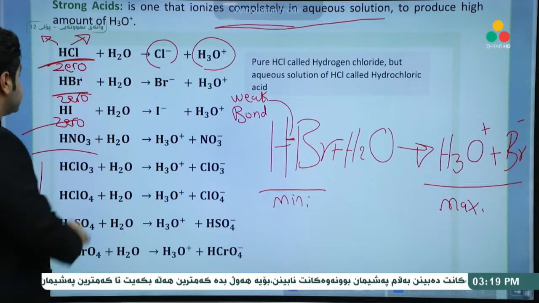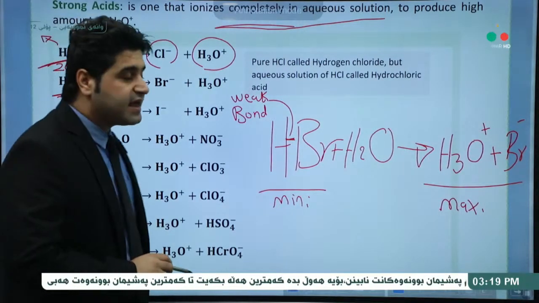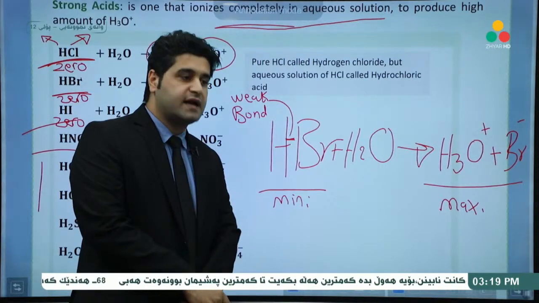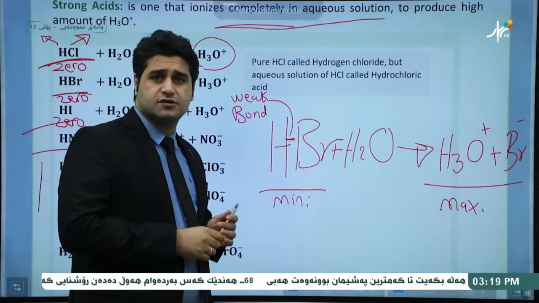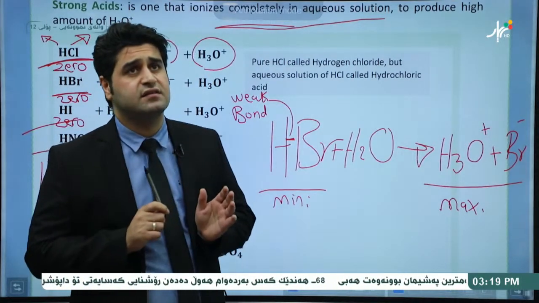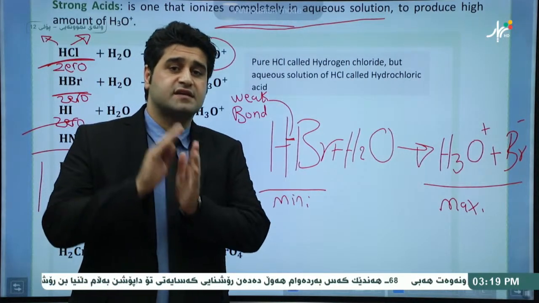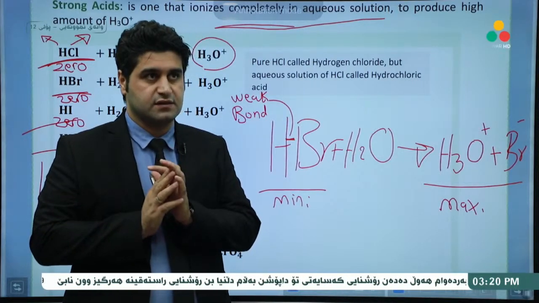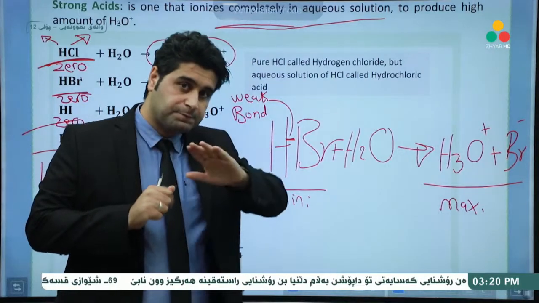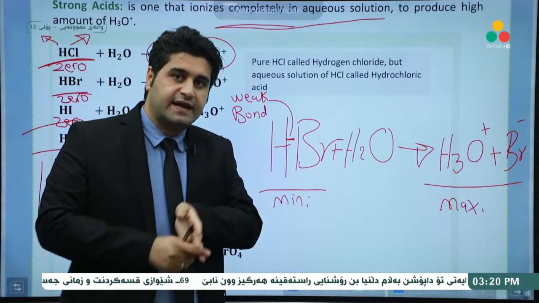What kind of particles are present in the aqueous solution of a strong acid? The molecule of acid will be 0. We don't have any molecule of the acid, so the only things will be positive and negative ions.